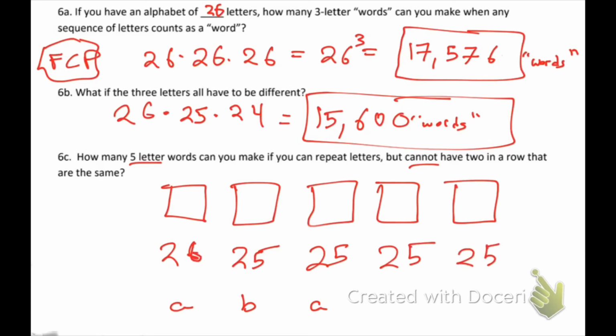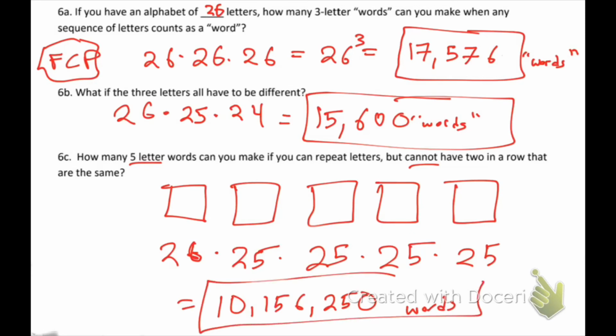So I have 26 times 25 times 25 times 25 times 25, which gives me a total of 10,156,250 different words or letter combinations. So a lot of different ways.